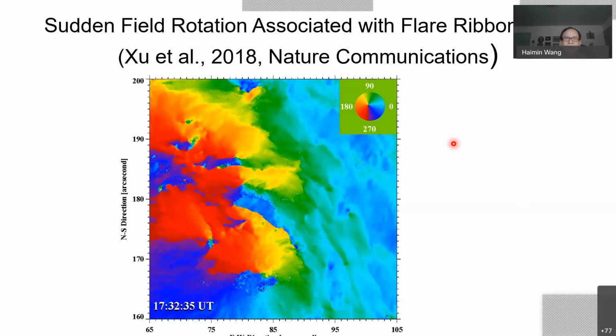And when you have a flare ribbon, it's like you have a wall with strong current. So this could be another good qualifier problem. If you have the strong current, you have an induced B field.